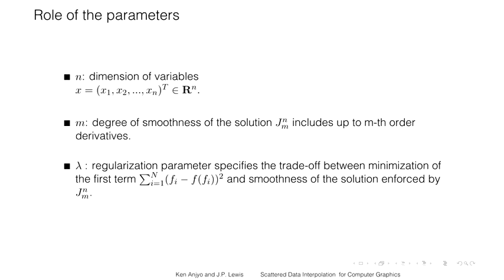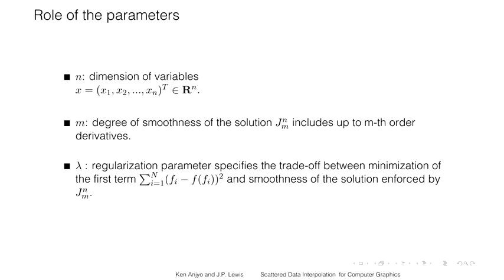Okay. Then let's review the several notations. Let me briefly review the meaning of the notations. First, n is the dimension of the space, the number of variables, and m means the degree of smoothness of the solution, regarding J_m^n, which includes up to the m-th order derivatives.